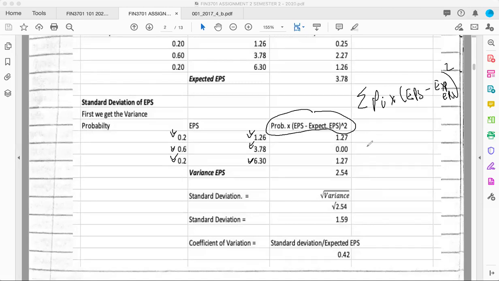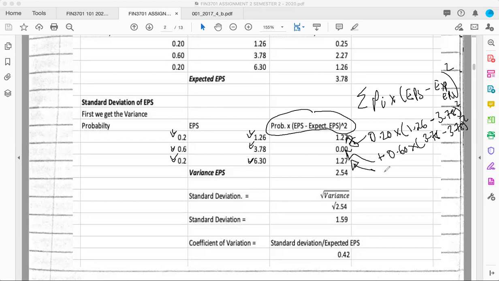So in other words, we are going to say 0.2 multiplied by 1.26 minus 3.78 squared plus, so that will give us this 1.27. This 1.27 will come from this calculation, plus 0.60 times 3.78 minus 3.78 squared. That will give us this 0.